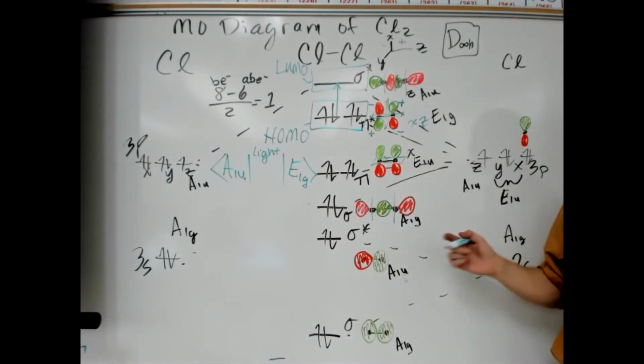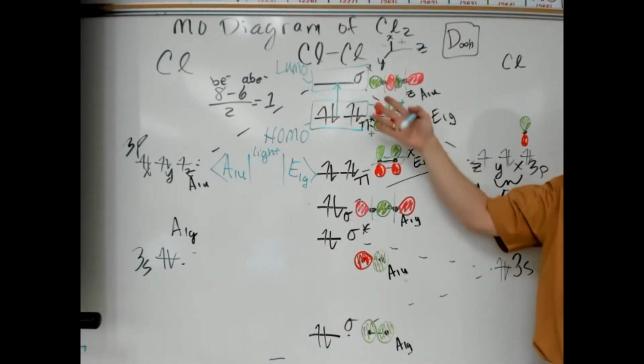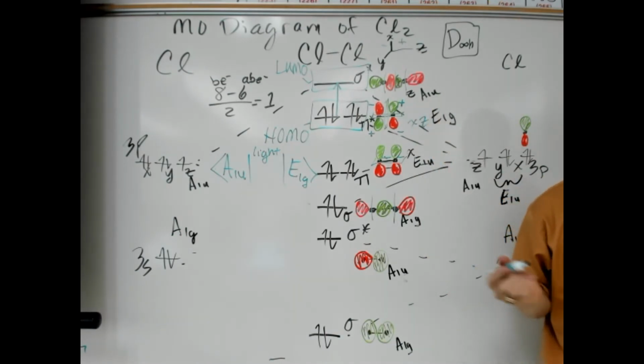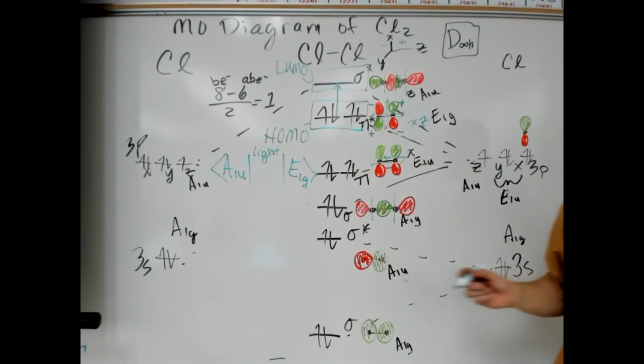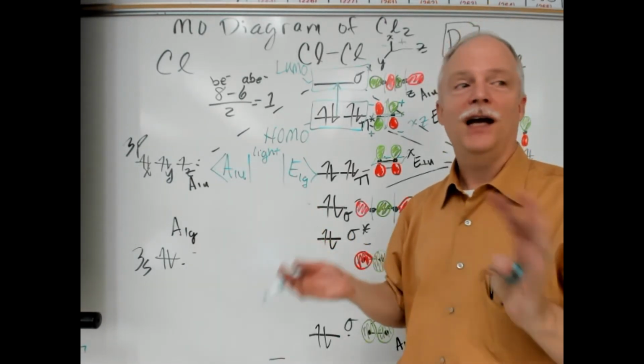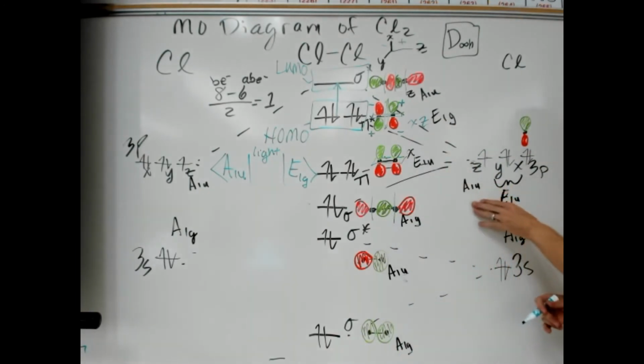So we try to figure out what possible type of light can cause a transition from an E1G to an A1U. And so what are our choices for light? Well, light can be X, Y, or Z, and we have those things on here. We have an A1U for Z, and we have an E1U for X and Y.